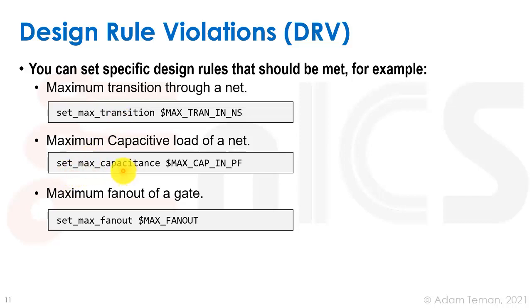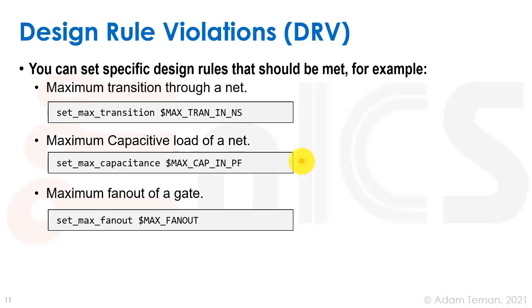Set max capacitance is the same thing. If we have a really, really large load, then it's probably going to cause a bad transition. So we're not going to usually want to have huge loads. We're going to want to buffer, clone, and so forth, these types of nets to enable a smaller capacitance. But again, the main thing is to be able to be inside the table, inside the lib files. So we have to be between min transition and max transition and min capacitance and max capacitance for all the nets in the design.